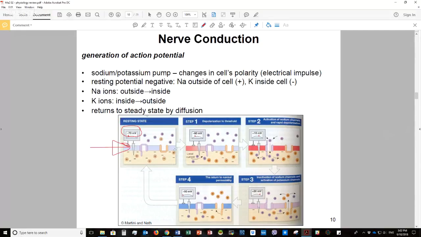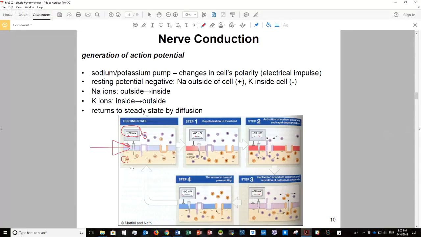And funny enough, that is what we have here. We have an electrochemical gradient where within the cell we have potassium ions, so that's these yellow ones, and outside of the cell, outside the membrane, we have sodium ions. Now you can see they're both positively charged. So how is it that we create a gradient here?